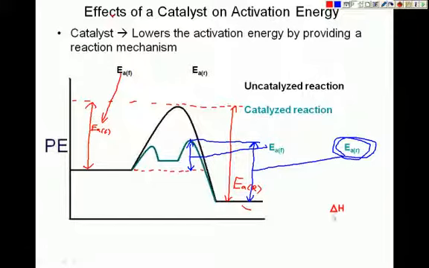Okay, and a little review of what our change in enthalpy is: it is the difference between products and reactants. So in the forward direction right here, we see that it's an exothermic reaction, so it goes down, and therefore it's going to have a negative change. Okay, so delta H will be a negative number.